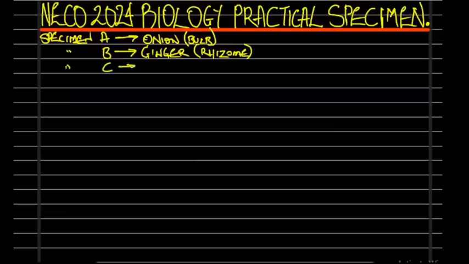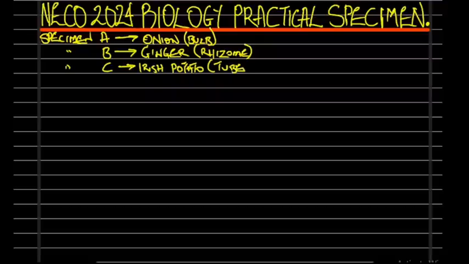And for our specimen C, what we were given is Irish potato. That is what we have for our specimen C. It is a tuber. And then we have our specimen D. Specimen D happens to be potted bean seedling of about a week old.